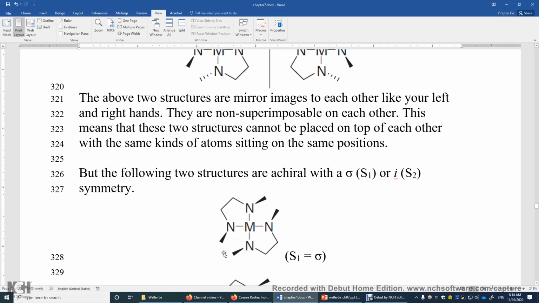All right, and then you can see this structure does contain a planar symmetry element, and sigma is equivalent to S1, improper rotation symmetry element. So it does have S1 symmetry element. Therefore, this structure is achiral.